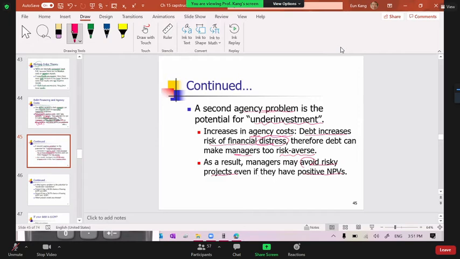They don't care too much, but managers care too much because their job is on the line. So they are extra cautious. That's the problem, right? They reject many good positive NPV projects because the risk is high, just to try to avoid it. That's the problem.